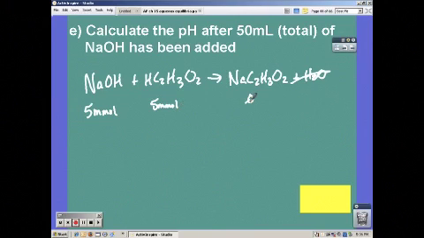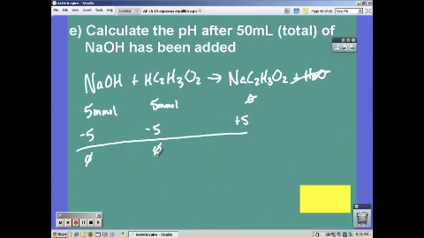So notice we have equal amounts of acid and base, which means we're at the equivalence point. But unlike strong and strong, in this case we're left with sodium acetate, which is the conjugate of a weak acid, meaning we have a weak base. So our pH is not going to be neutral.